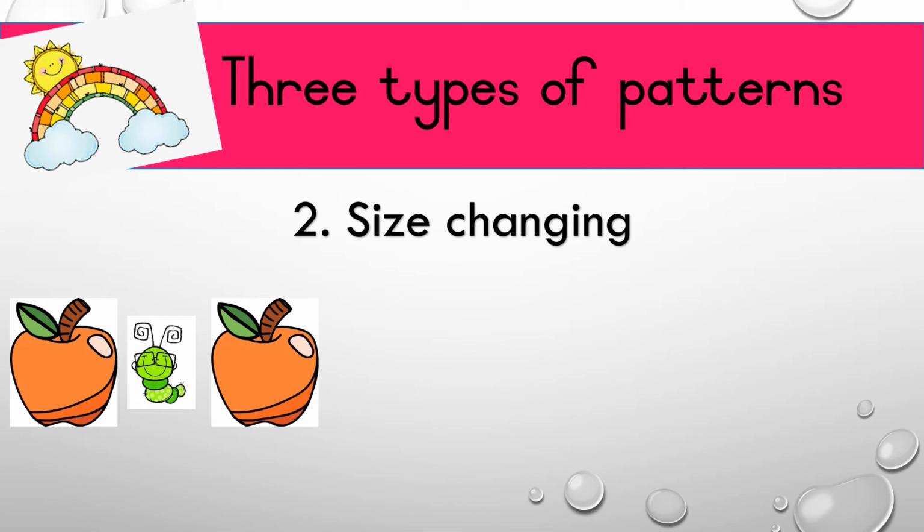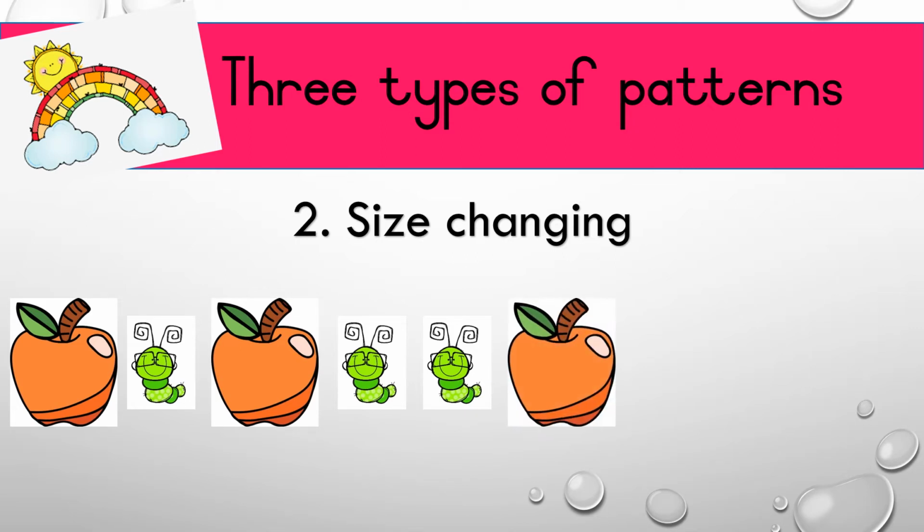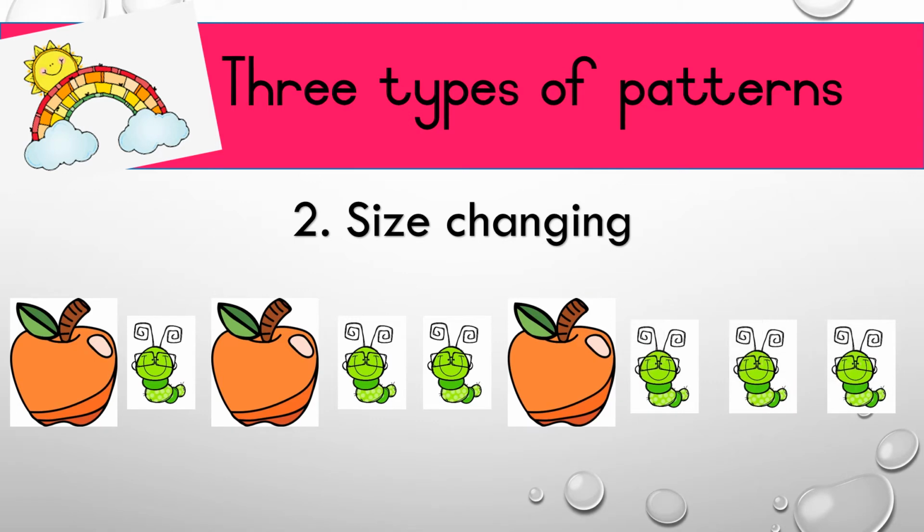An apple and then 2 worms. Another apple and then 3 worms. So you can see from this example, a size changing pattern is that the size of the things gets bigger each time. Remember, there's a difference between growing and the size getting bigger.